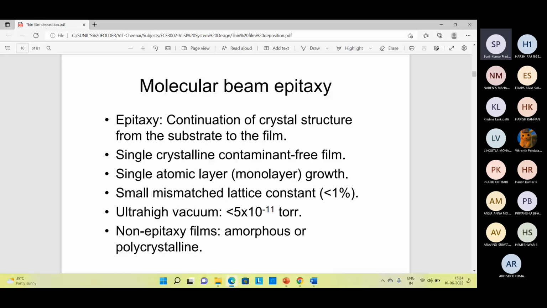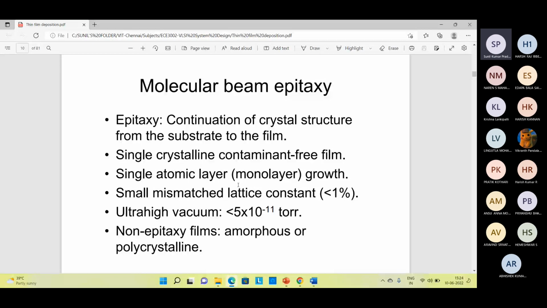So 10 to the power minus 10 we can achieve in molecular beam epitaxy, and finally we can achieve a very good two-dimensional material on the substrate. Even if we want to develop a single layer or monolayer material onto the substrate, we can do the deposition accordingly.